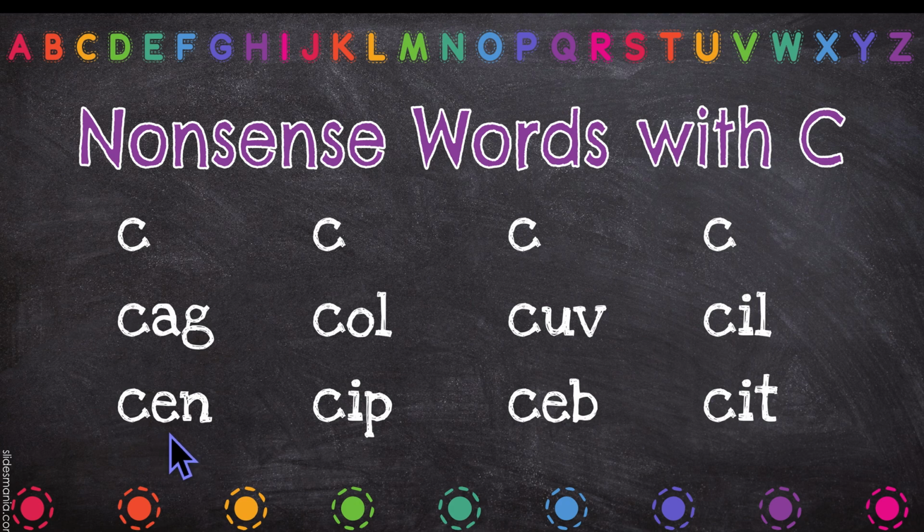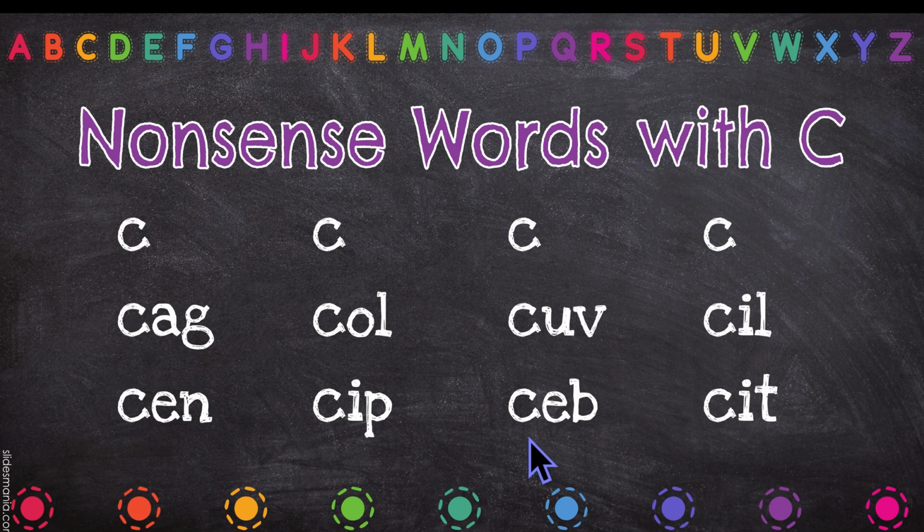We have an E, so we want to use the second sound, S. So this word will be S, N, sen. E, I, and Y make the C say its second sound, so we want to use S. So this nonsense word will be S, ip, sip.